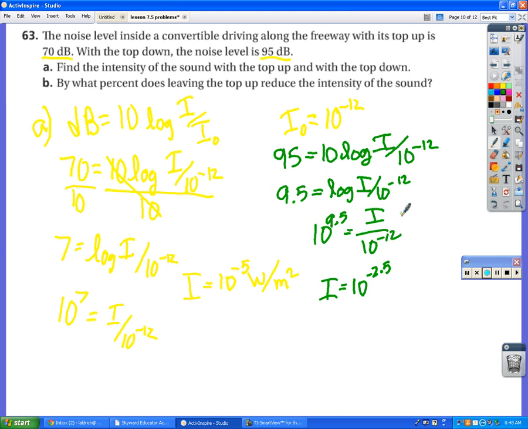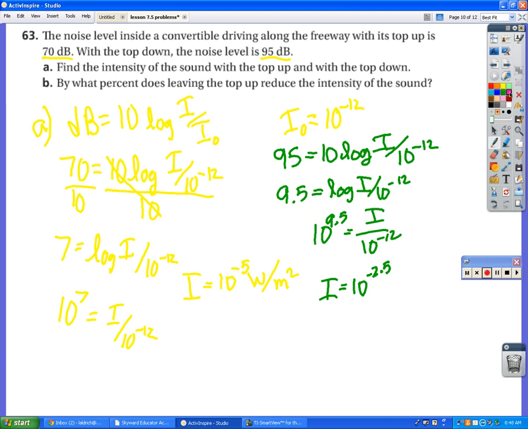And you'd end up doing the same thing because then you would divide both sides by 10 to the 12th. And when you divide, you subtract the exponents. And 9.5 minus 12 is negative 2.5. So you can do it that way, you get the same answer. But how did I get it? I added these exponents when I cross multiplied. So 9.5 plus negative 12.